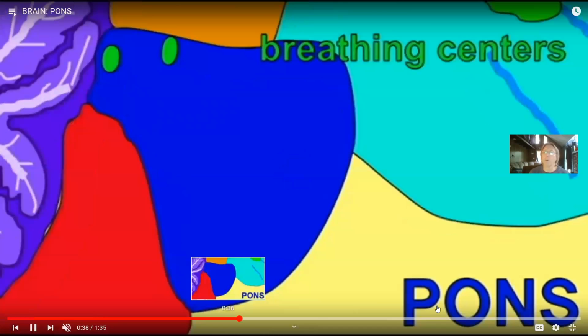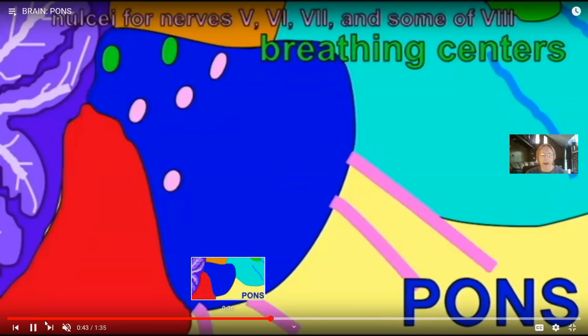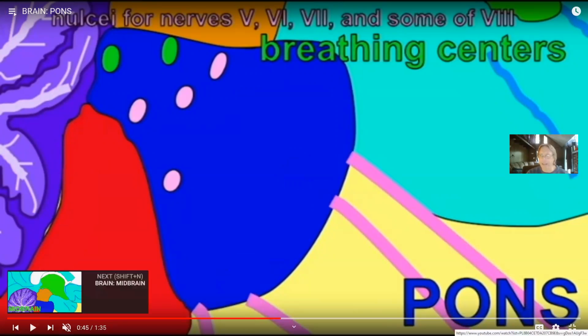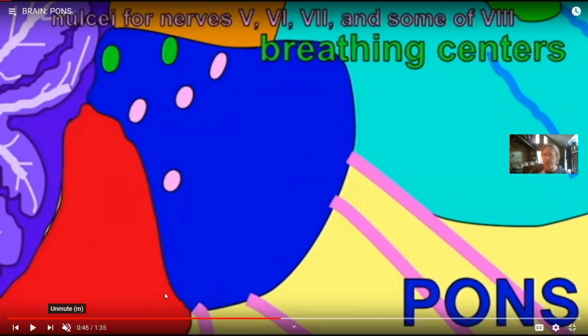And then there are also nuclei of the cranial nerves, which we'll discuss later, coming from here. So the pons is an important part of the brain.